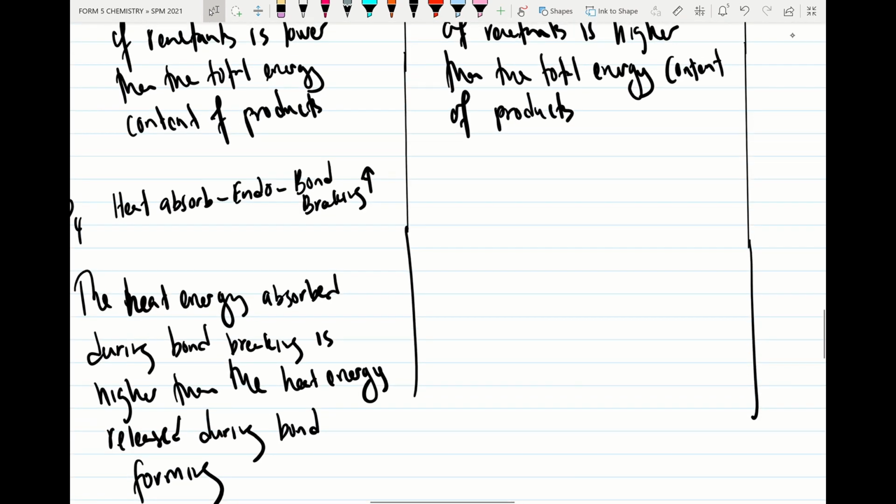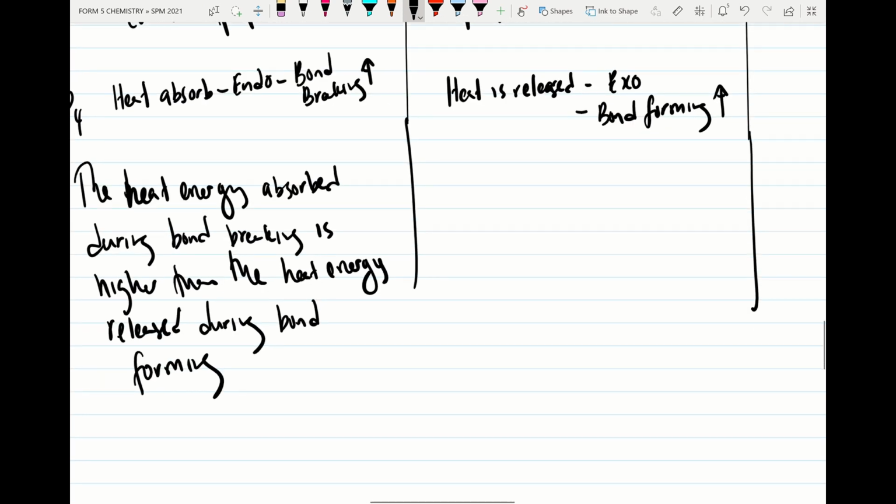So we move on to this one. Please remember, when it is released, the reaction is called exothermic. Exothermic, please remember, is known as bond forming. Bond forming reaction will be higher than the bond breaking. So how to answer this point?